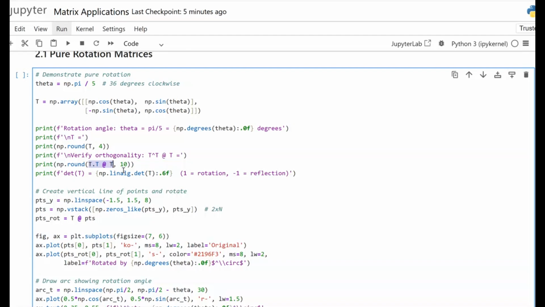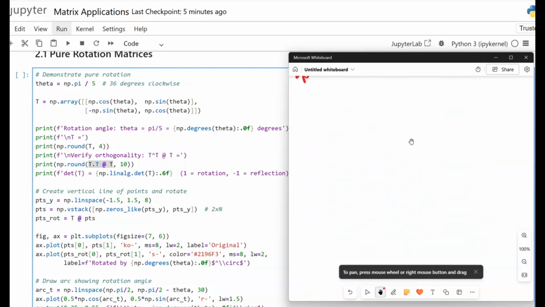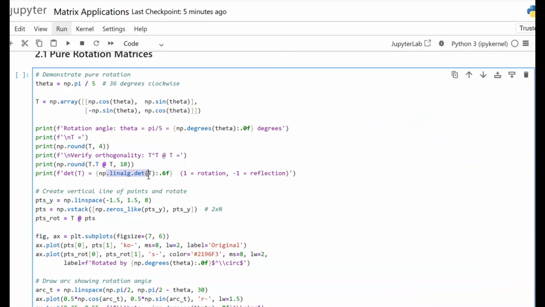That is the numerical verification of orthogonality. This confirms the columns are orthogonal, and this implies the lengths are preserved and the angles are preserved.